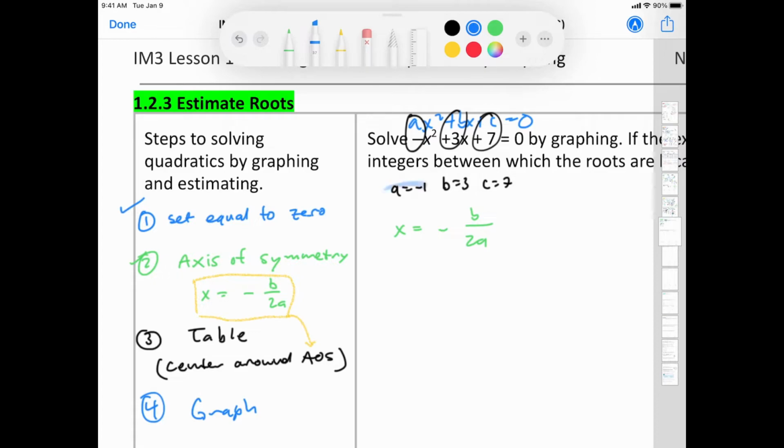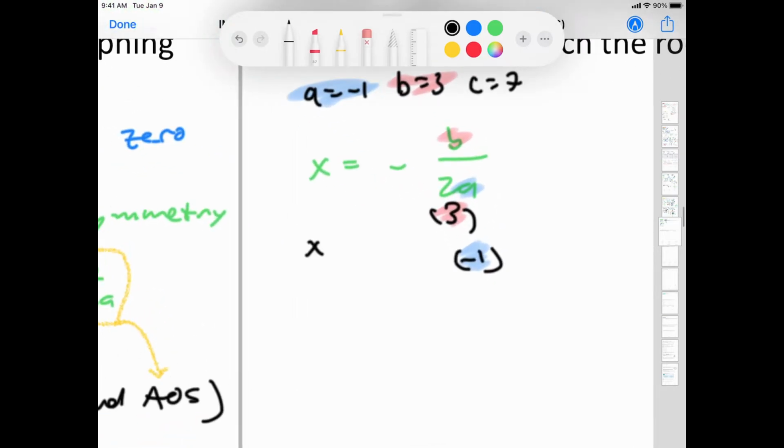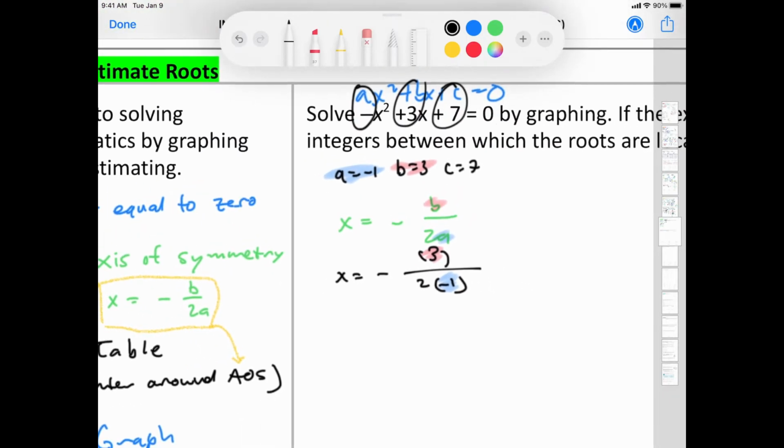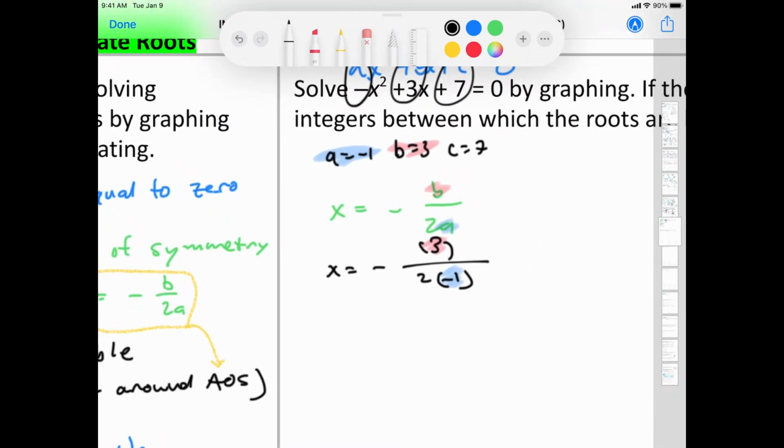What is our A value? It is negative 1. And what is our B value? It is 3. x equals negative 3 over 2 times negative 1.